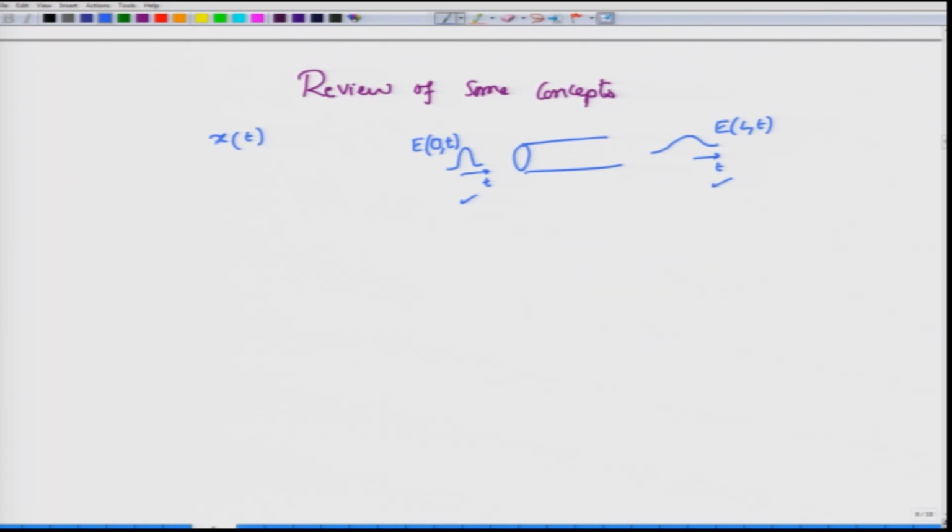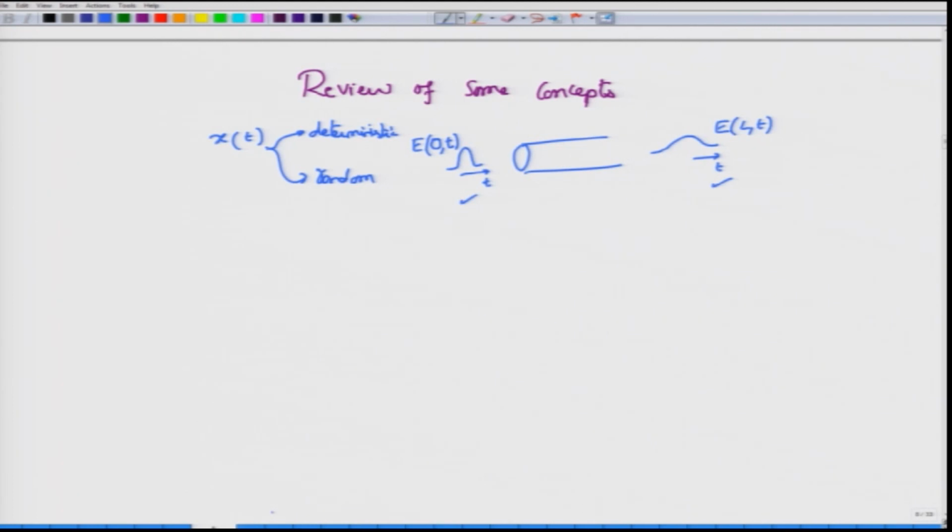If we consider a simple signal such as x of t, this signal could be of two types broadly. One is the deterministic signal and the other one is the random signal. A deterministic signal is one whose properties are reasonably easy to predict, or rather, a proper deterministic signal is one whose properties can be specified to any accuracy you want.